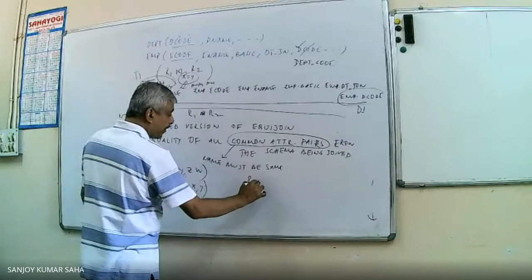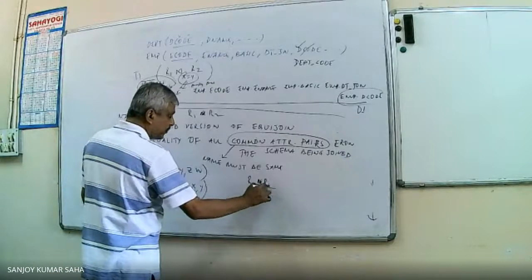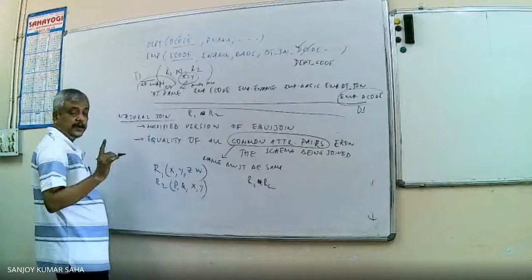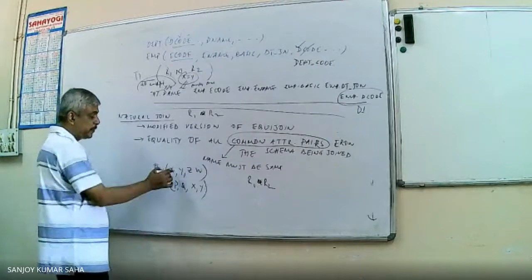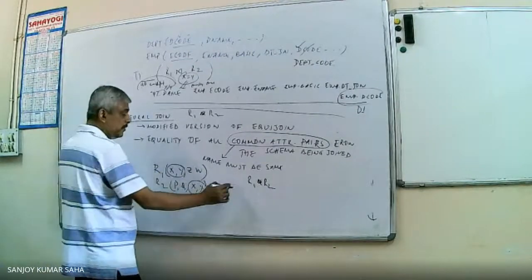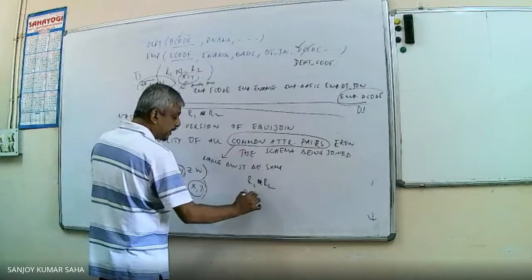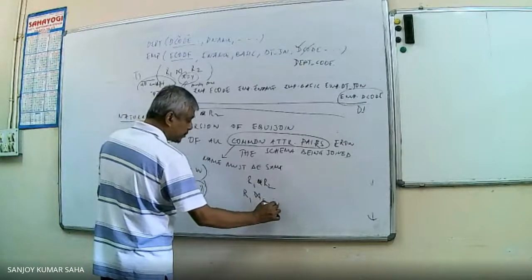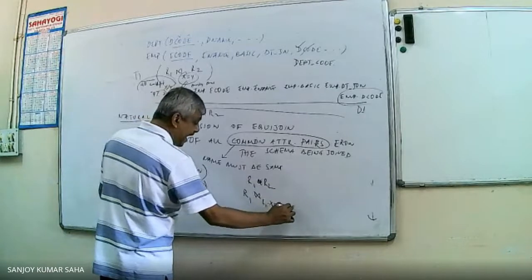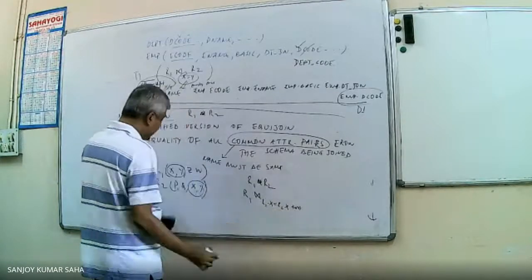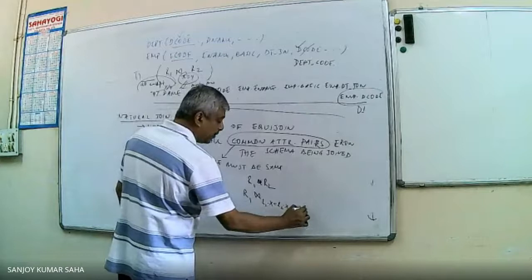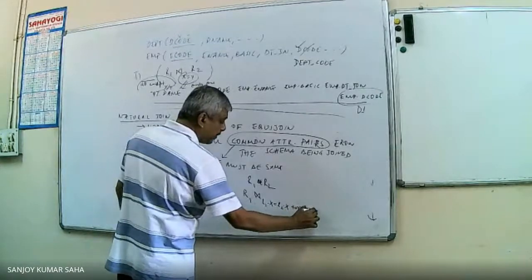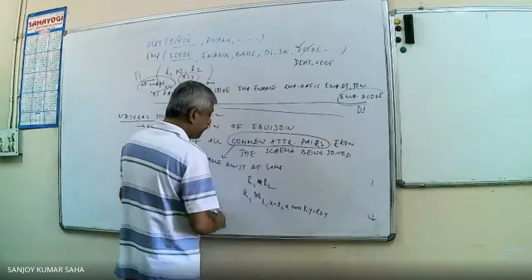So if we go for R1 star R2, it is equality of all common attribute pairs, so we have X, Y and X, Y. If I write it in terms of equijoin, it is as if R1.X equals R2.X, and they are ANDed, R1.Y equals R2.Y.